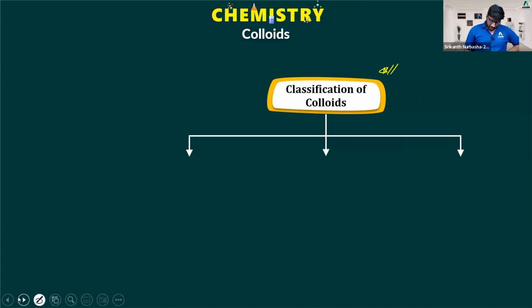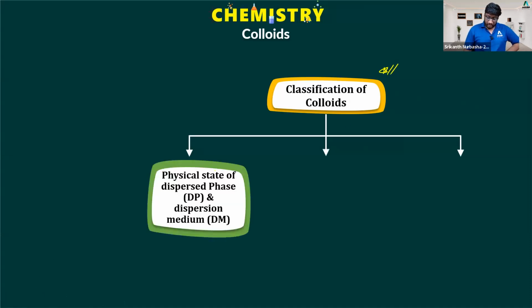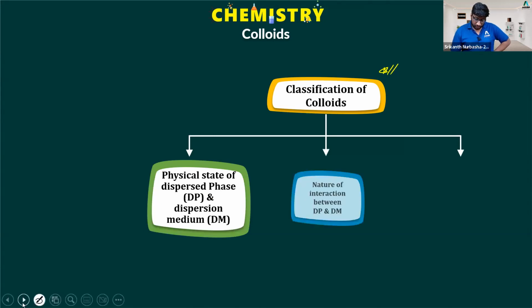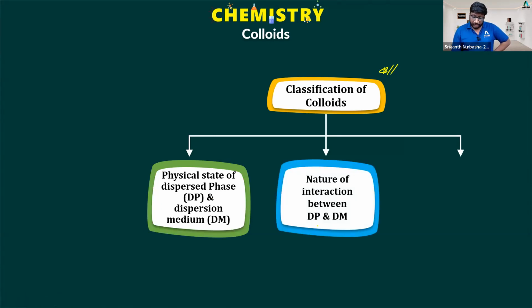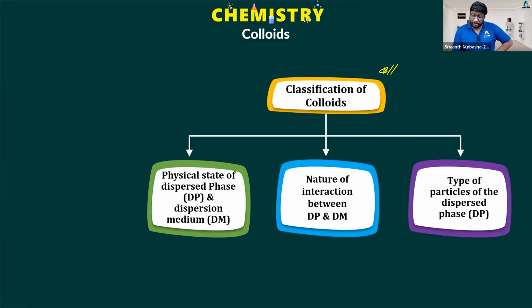Classification of colloids. First, the physical state of the dispersed phase and dispersion medium. Second, the nature of interaction between the dispersed phase and dispersion medium. Third, the types of particles of the dispersed phase. Based on these, there are three types of classification.